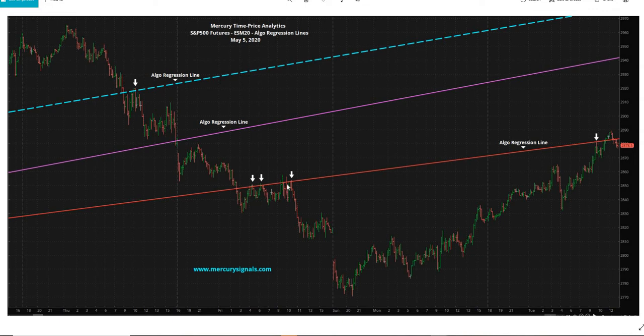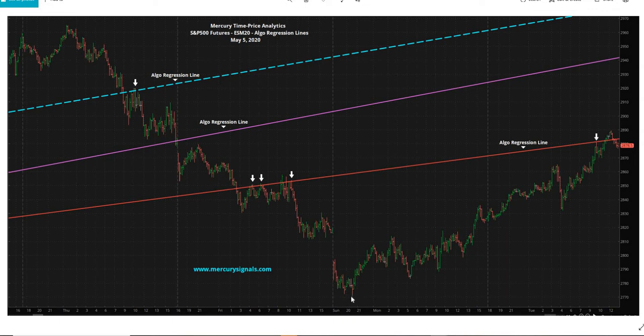So here we are Tuesday, 2 trading days later. And where does price return? Right here. So when you're looking at the chart and the trading appears random, it really isn't. Price came right back up to the regression line. Now, this area here is right about 28.60.